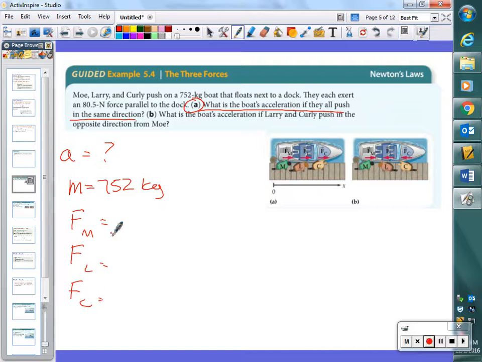All three of them are 80.5 newtons. But when we're looking at a situation where there is more than one force, we can't look at just the effect of one force. We have to look at the combined effect of all of them.